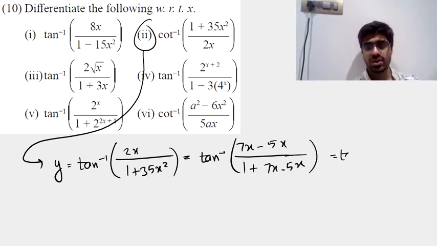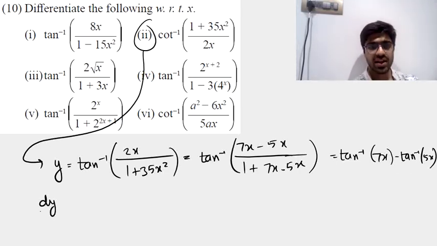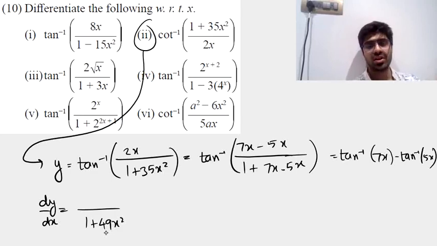Yeah, so this is tan inverse of 7x minus tan inverse of 5x. So dy by dx will now be, for tan inverse of 7x, the derivative is 1 plus 49x square, and in the numerator you will multiply with the derivative of 7x, which is 7, minus the derivative of this, 5 upon 1 plus 25x square.